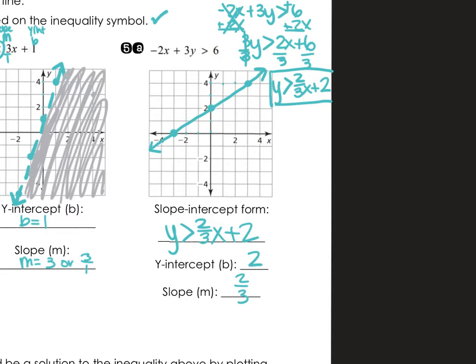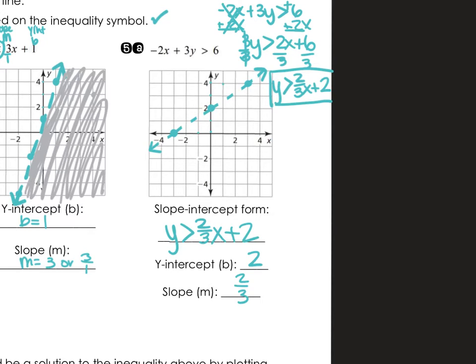Oh, so like I said, in person I always go back and just erase this line. So I would do it, oh, I'll make my eraser a little bit bigger there. So I just do like this to make it a dashed line. You can do it however you want. If you just want to do dashed lines, that's fine.